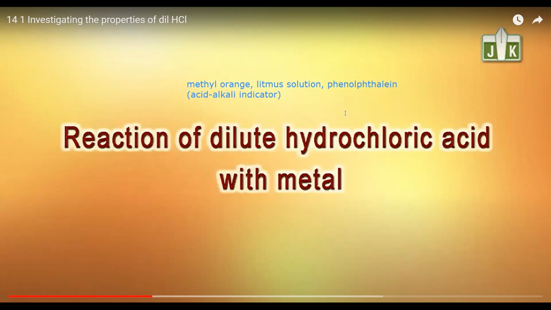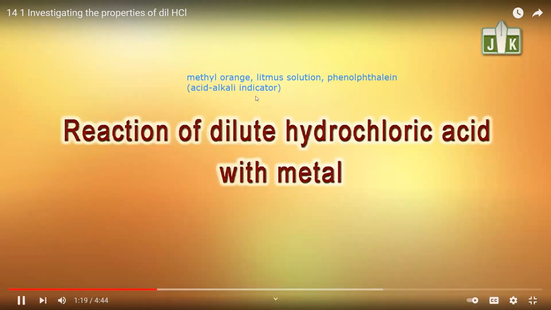While you search on the web on these 3 chemicals, you may find they have different working ranges. So first of all, please mark down the colour of methyl orange, litmus solution, and phenolphthalein in acid.